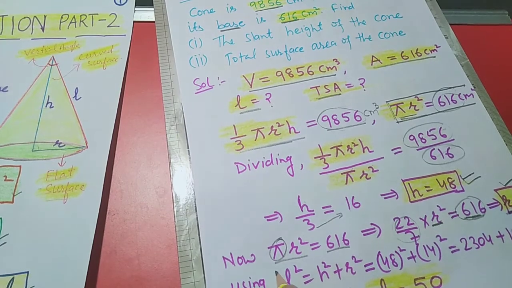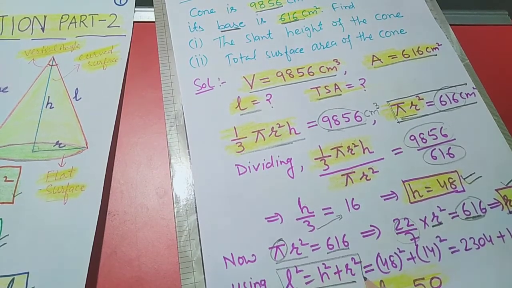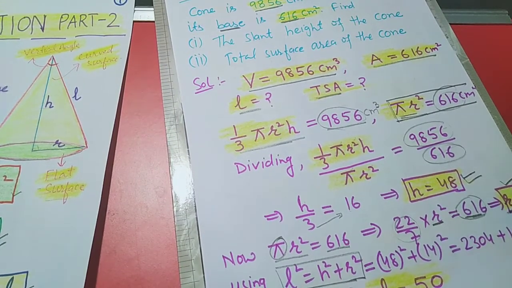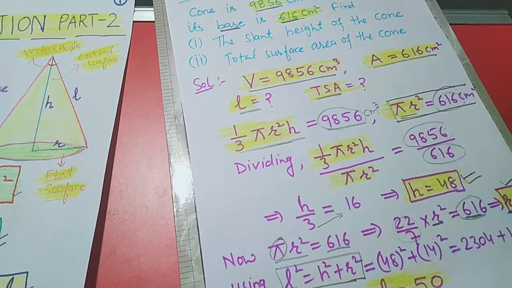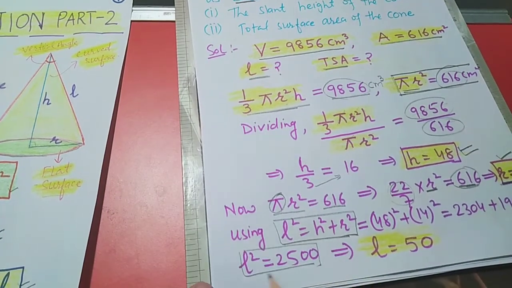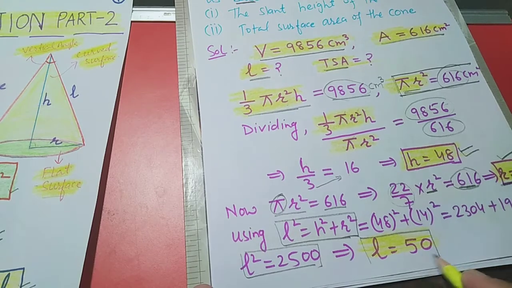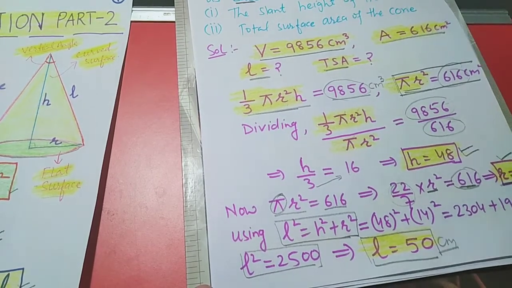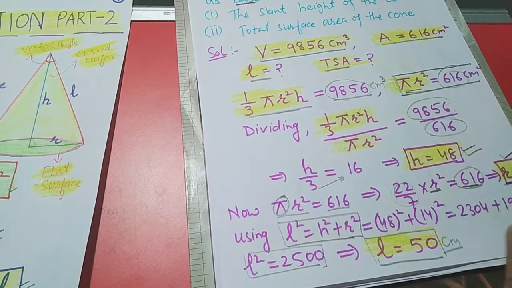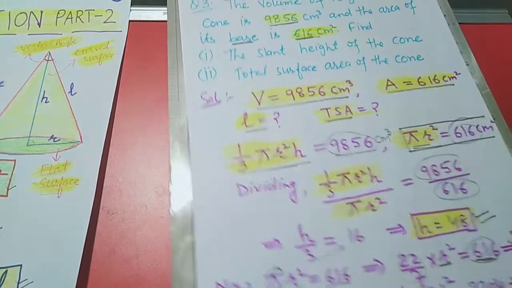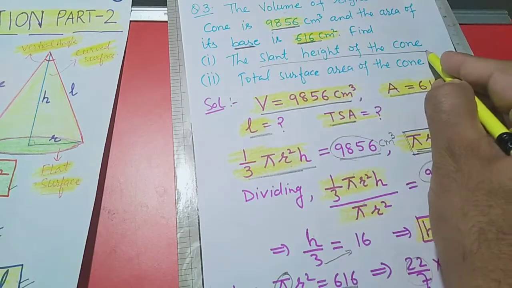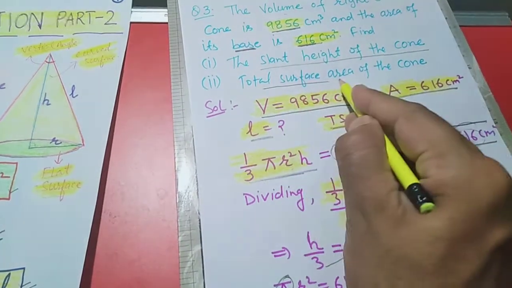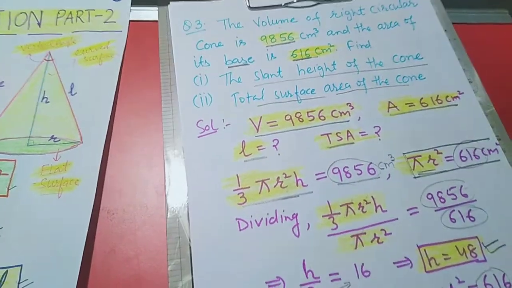By using this formula, we can find the slant height. So L square is equal to 2500, and we can calculate L, which is 50 centimeter. So now we have got the slant height, because it is asked in the question. Now we have to tell the total surface area of the cone.